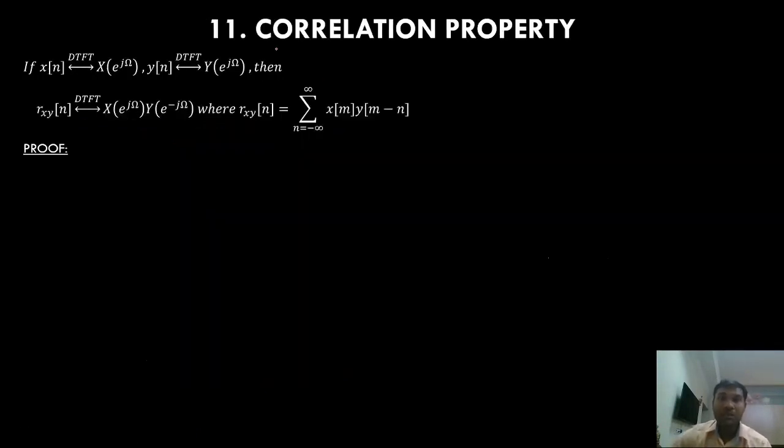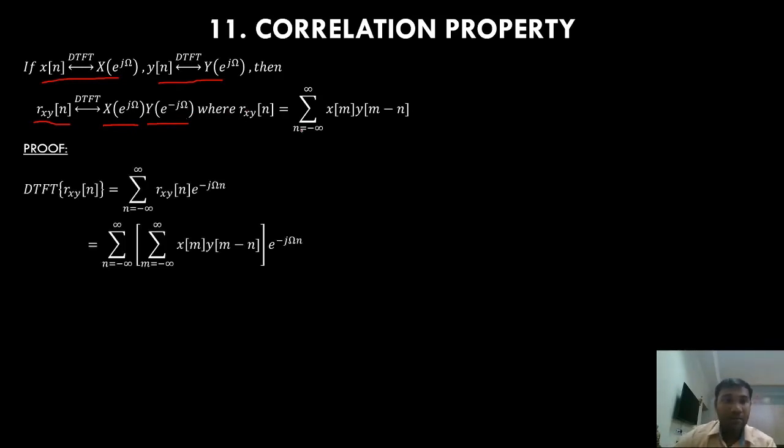The next property is correlation property. So two different signals have two different DTFTs. Then what is the DTFT of the correlation of these two different signals? Correlation of these two signals will have the DTFT as x of e power j omega and y of e power minus j omega, multiplication of those two signals, right?